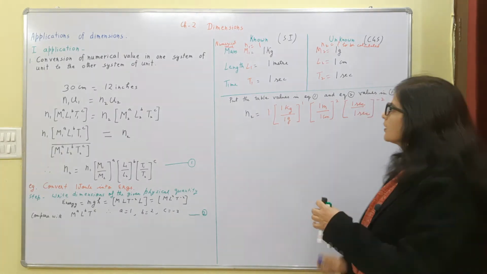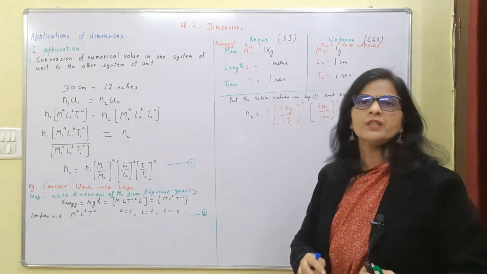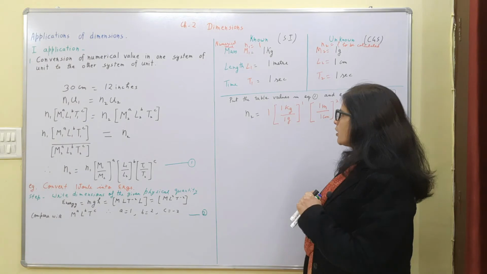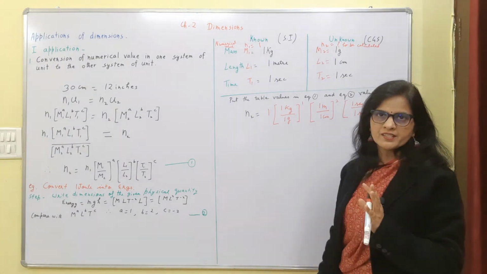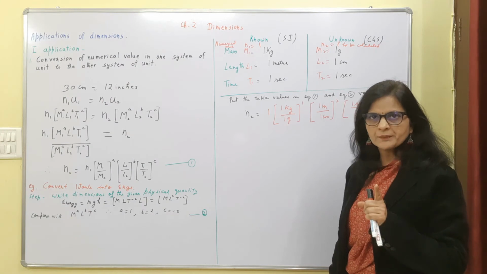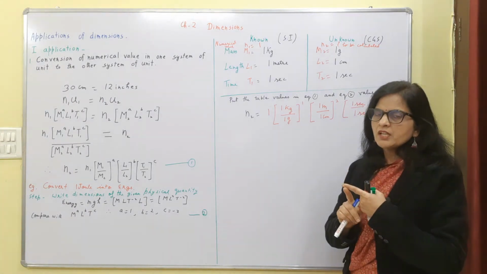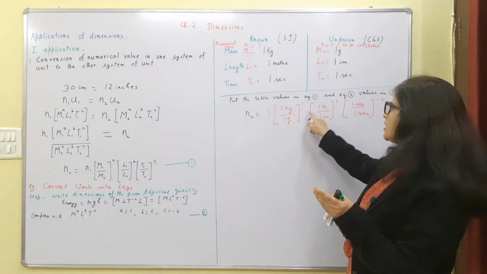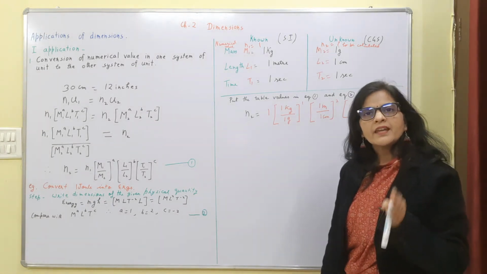Now, we know that numerical value will have no unit with it. So we are calculating only N2. For N2, we need to cancel out all the units on the right side. Only the numerical value must be there. For that, there is no hard and fast rule. The trick is you have to convert the numerator or denominator unit in such a way that these units cancel out.